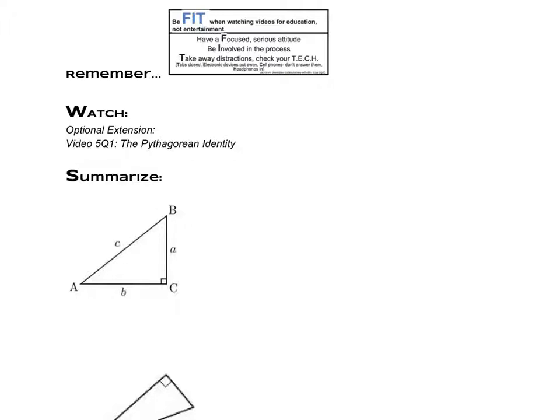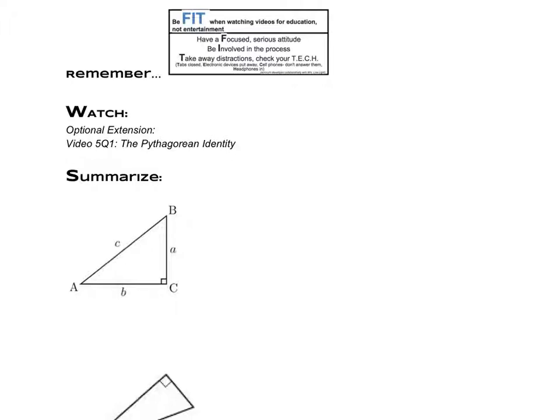So the first thing that we're going to do is talk about this idea called the Pythagorean identity. And of course, Pythagoras is the Greek mathematician who came up with the Pythagorean theorem. But there is a particular identity or equation that is able to relate trigonometry into that Pythagorean theorem.